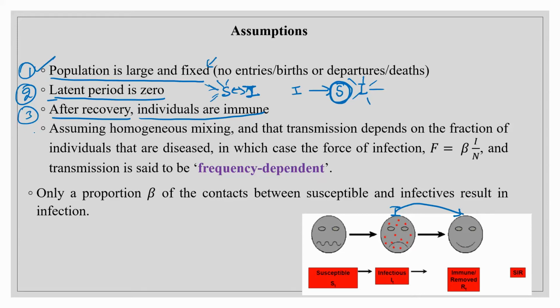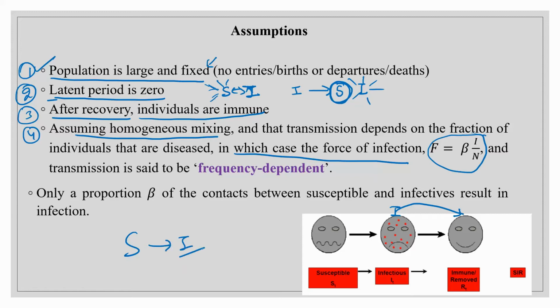Now fourth, I have told you that we will consider homogeneous mixing, that is everyone has an equal probability of coming in contact with one another, and we have considered the force of infection as this. This means that a susceptible only comes into contact with the fraction of infected. This is the fraction of infected individuals per total population, right?